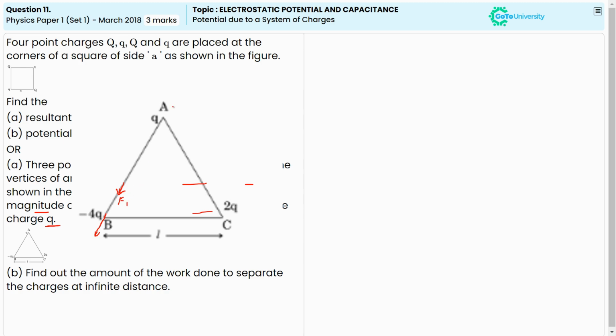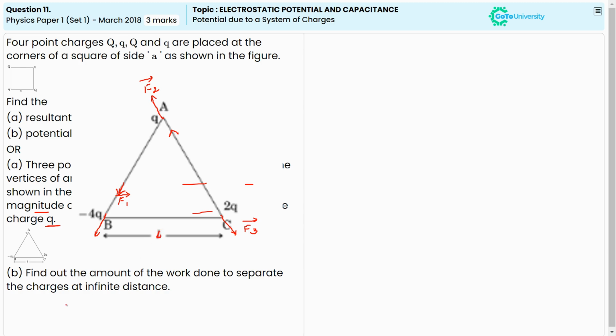And this is the force 2 acting in this direction, that is F2 bar. Here F1 bar. Then this is the F3, force 3 bar. And the notation A, B, C, all the details are there. This is the L they are going to give here.